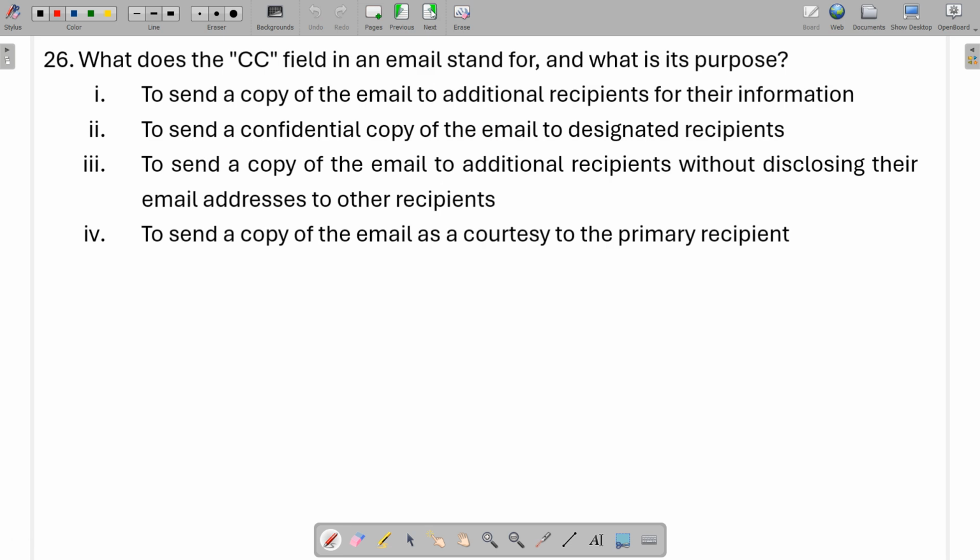26th, what does the CC field in an email stand for, and what is its purpose? So CC means carbon copy. We use the CC just to indicate that the main recipient has received a particular letter, and to clarify that particular letter to some particular people.